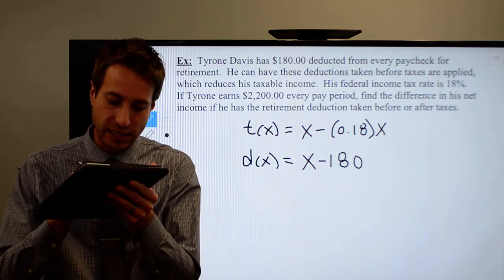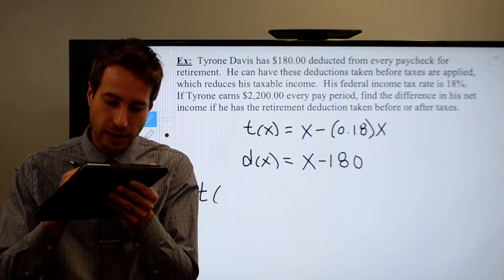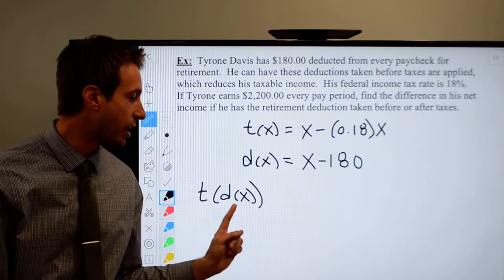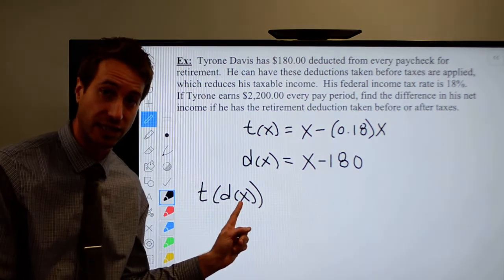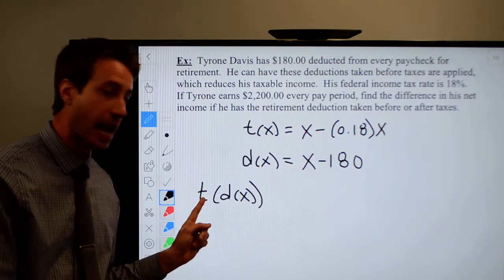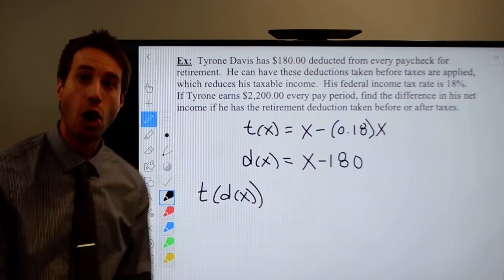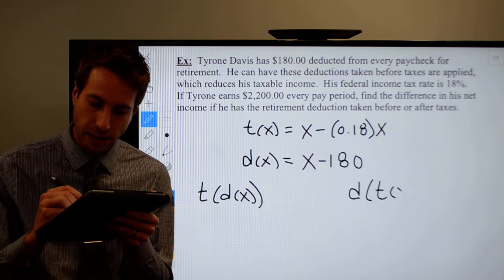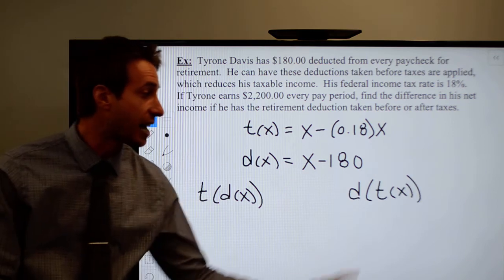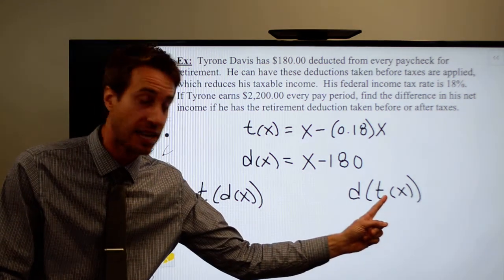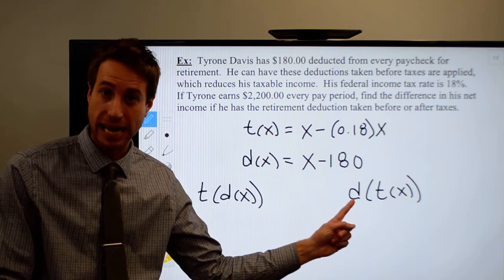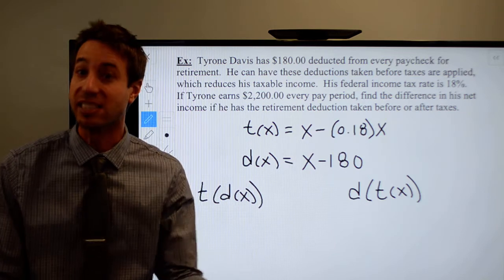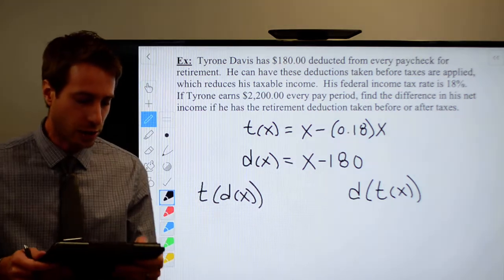The way this works is Tyrone can do T of D of X. This is where Tyrone first takes out the deduction and then pays his taxes. Or Tyrone can do D of T of X, which is where Tyrone pays his taxes and then takes out his deduction. And that's what we've been asked to figure out. What is the difference? So here we go. Let's go ahead and figure that out.